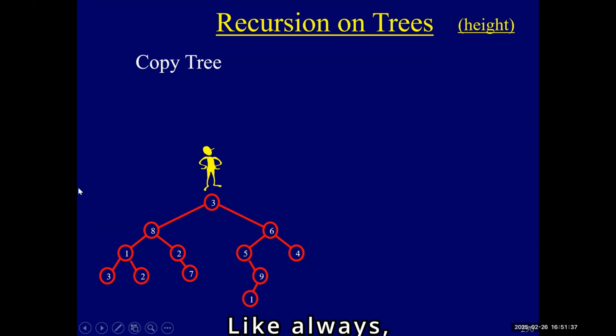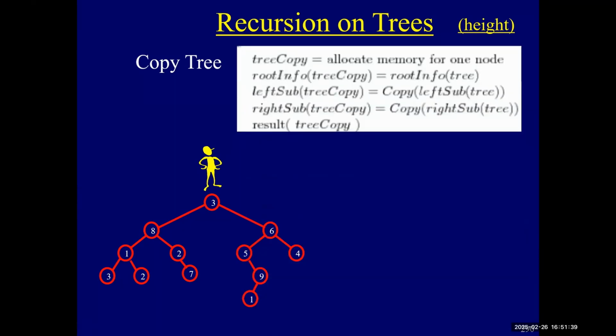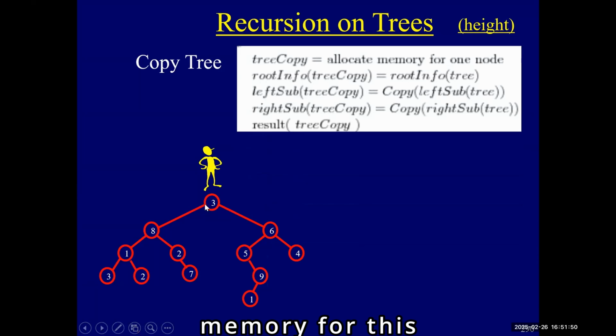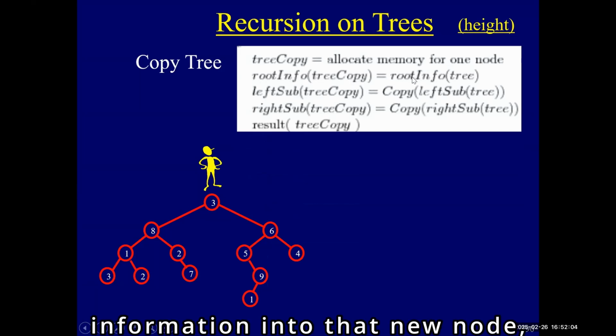Exactly. Like always, here I'm allocating memory. I was supposed to say malloc because that's the command in C, right? Somehow I allocate memory for this top node, right? So top tree copy is pointing at a new node, and then I put information into that new node.